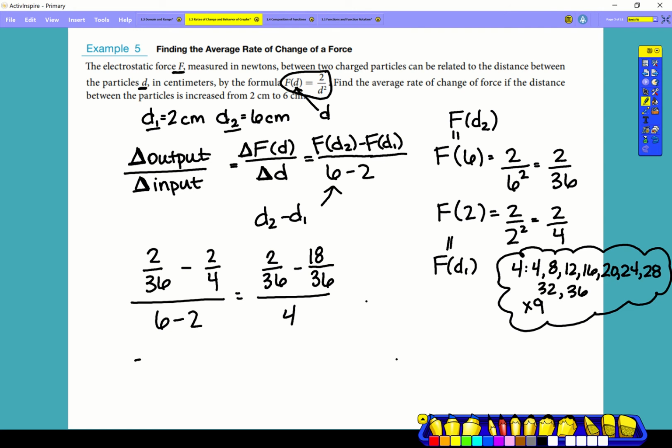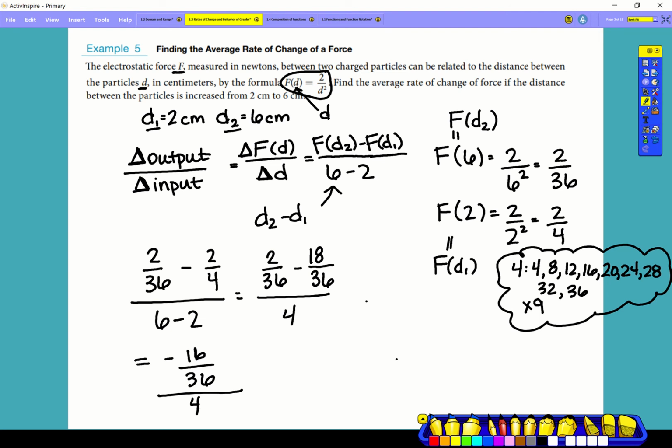So that gives me 2 minus 18. That is going to be negative 11. No. Negative 16, divided by 36. Divided by 4.